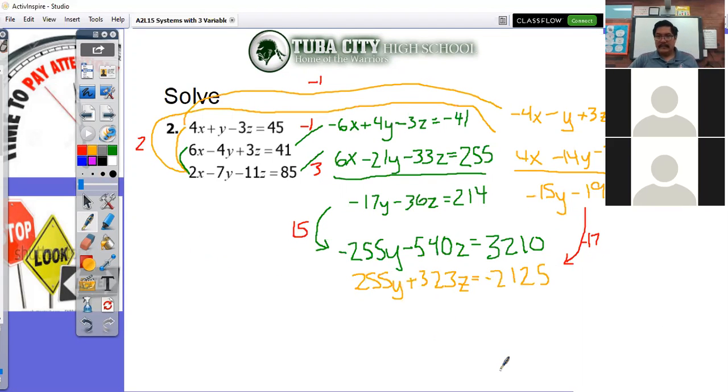Okay, now we had to add these together here. Since we tried to make the y cancel out, let's go ahead and put these together now. So 323 minus 540, and this is negative 217.